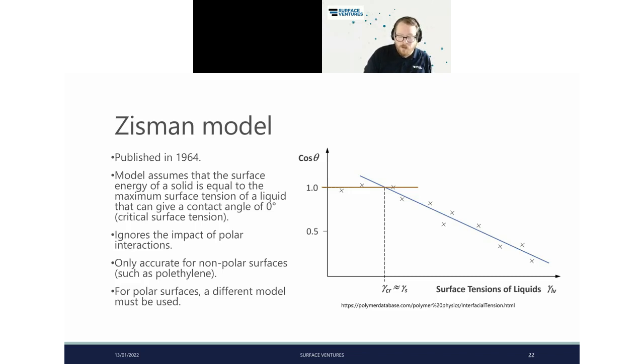But obviously with this, your surface could still have a higher surface energy than what you are able to measure with your set of liquids.